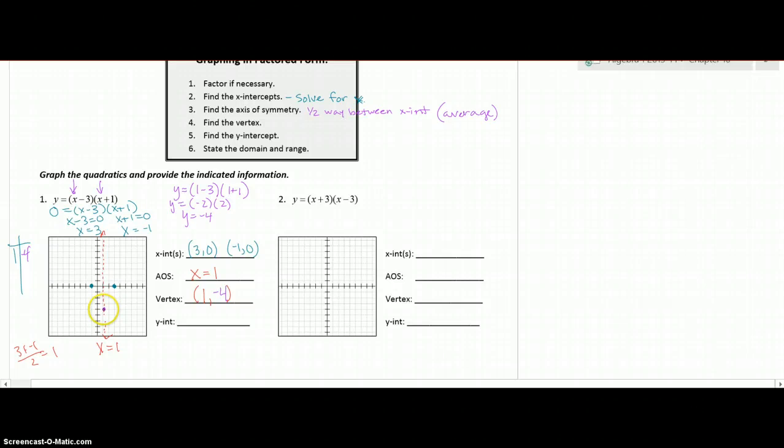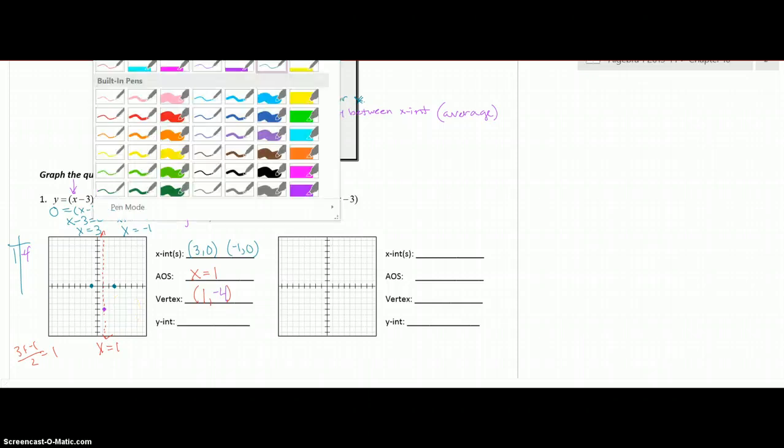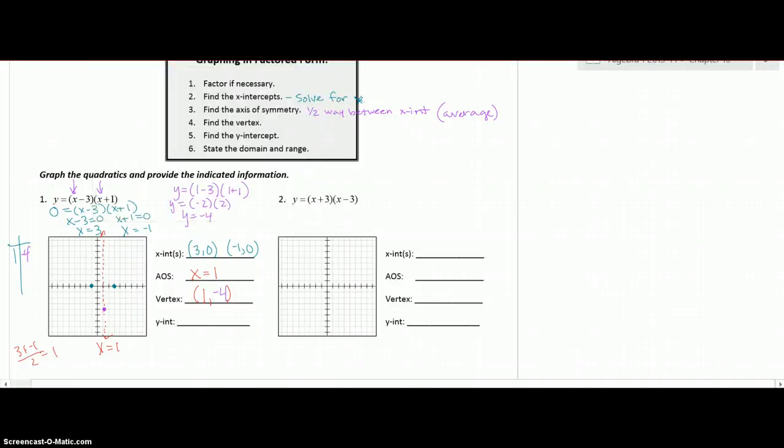Now, you should be able to ask yourself, should this be opening up or down? Well, because it's positive out front, it should be opening up. And it looks like it is going to after we connect the dots here. But we do have something else to find. We are going to find the y-intercept.